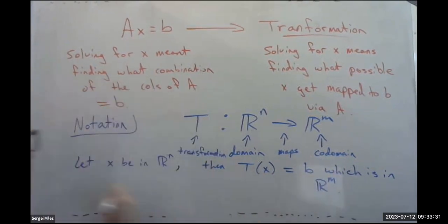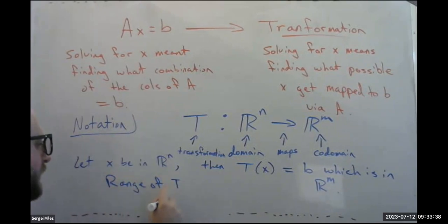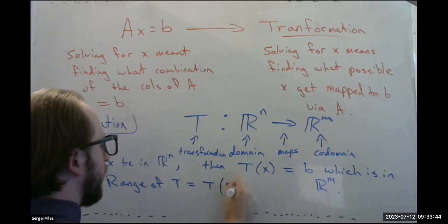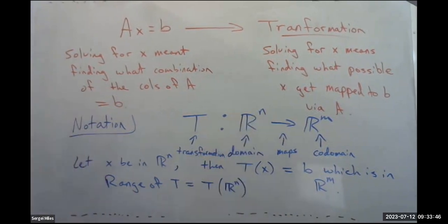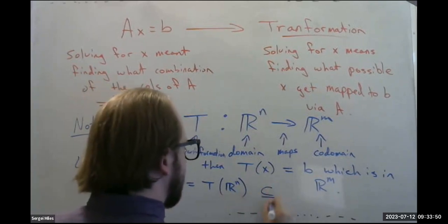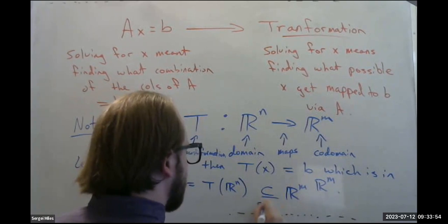So the range of T is, well, what are all the possible outputs when I plug in everything from my domain? And this is a subset of the codomain.